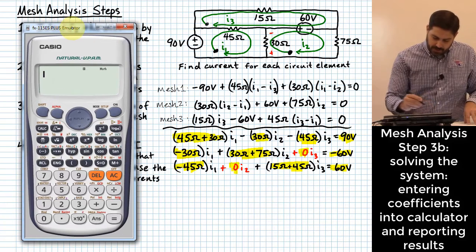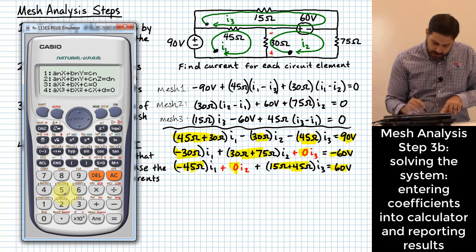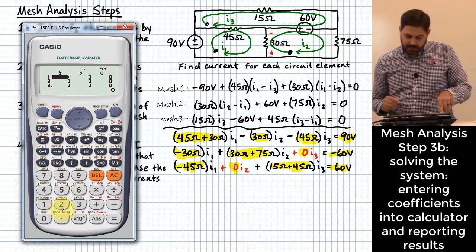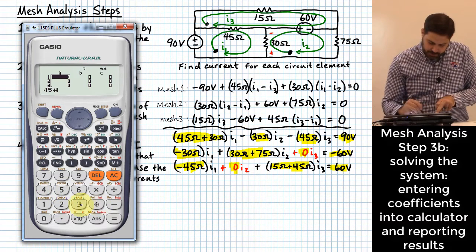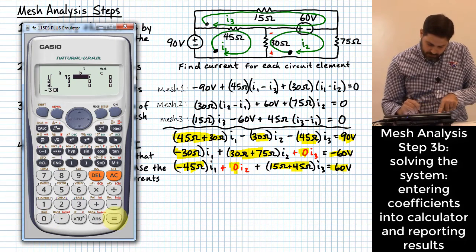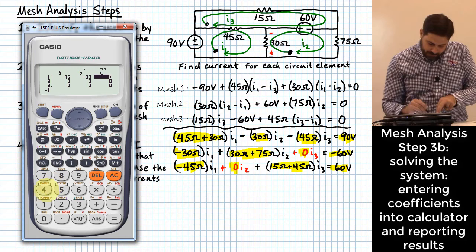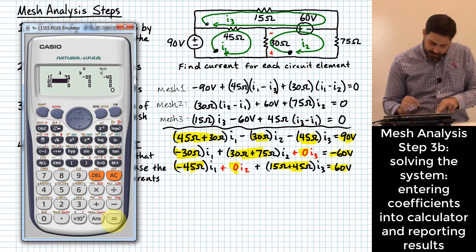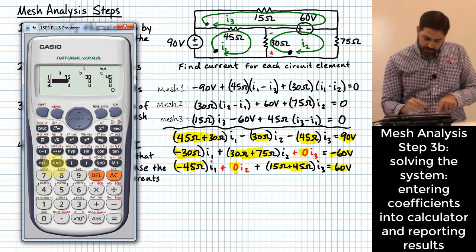Okay, so let me get in here and do equation mode. My 3x3 is option 2 in this calculator, and I'm going to enter these. 45 plus 30. I've got negative 30 for my next one. I've got negative 45 for the next one, and then 90 for the last one in that equation. Here I've got negative 30.